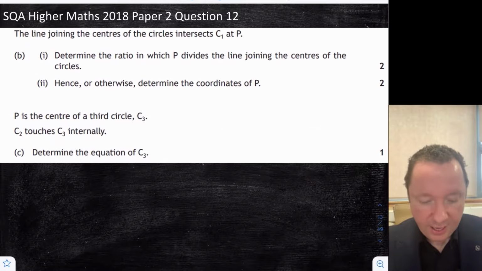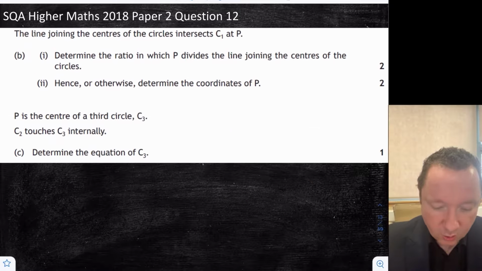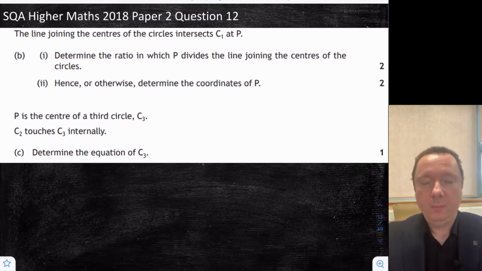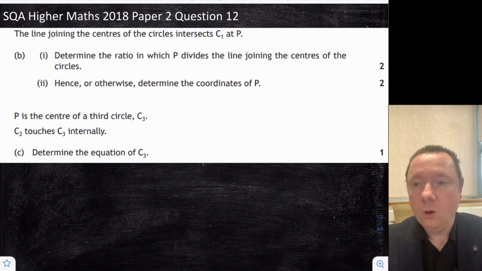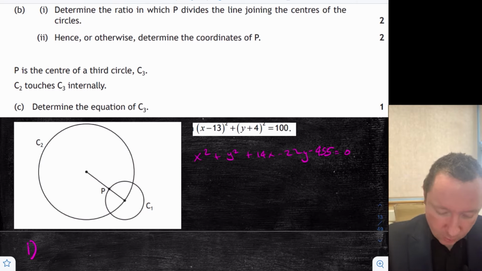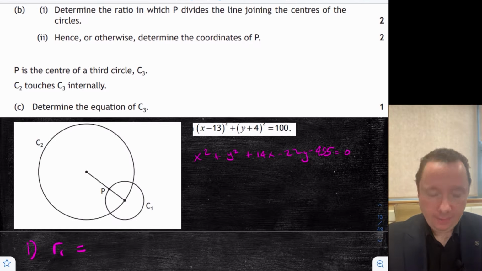Okay, part B says the line joining the centres of the circles intersects C1 at point P. Determine the ratio in which P divides the line joining the centres of the circles, and then find the coordinates of P. So the radius of C1 we already know is equal to 10.